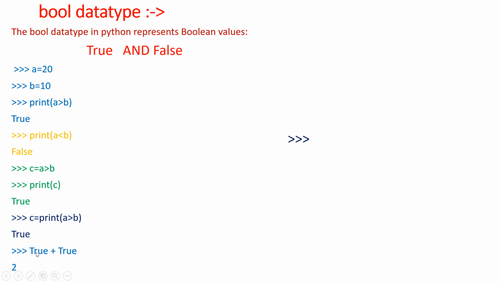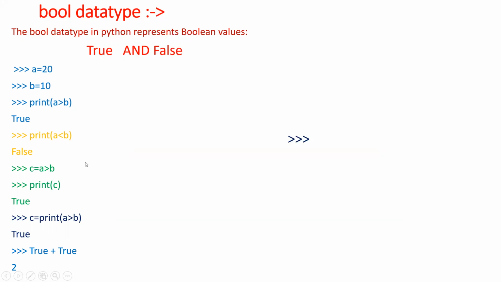Now here we have another example, True plus True. It shows the proof that True contains the integer value 1, and True is also 1, so 1 plus 1, addition is done, and you get 2. So you can also perform arithmetic addition or subtraction on these two keywords, True and False.